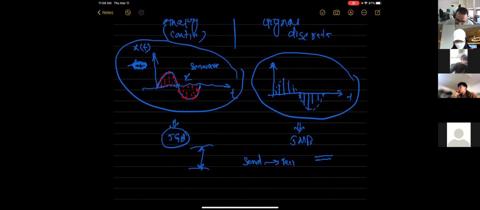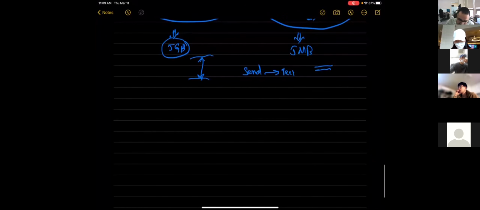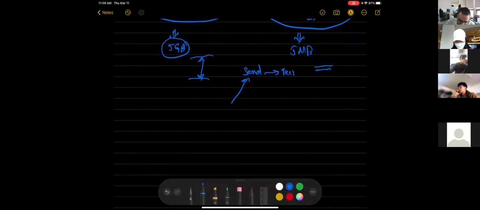If you have a sender, this is my sender here, and I'm sending some message, hello, that signal should be received at the receiver, and when the receiver receives it, it should be interpreted as hello with a double l, not a single l.